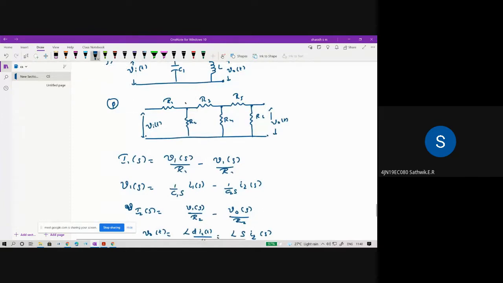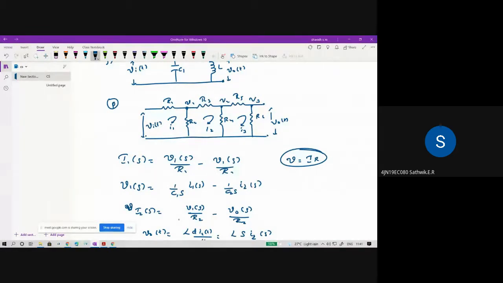Here we have a V1, here a V2 and here a V3. Satvik, what is the equation for V1? Generally, V is equal to IR. So V1 is equal to what?